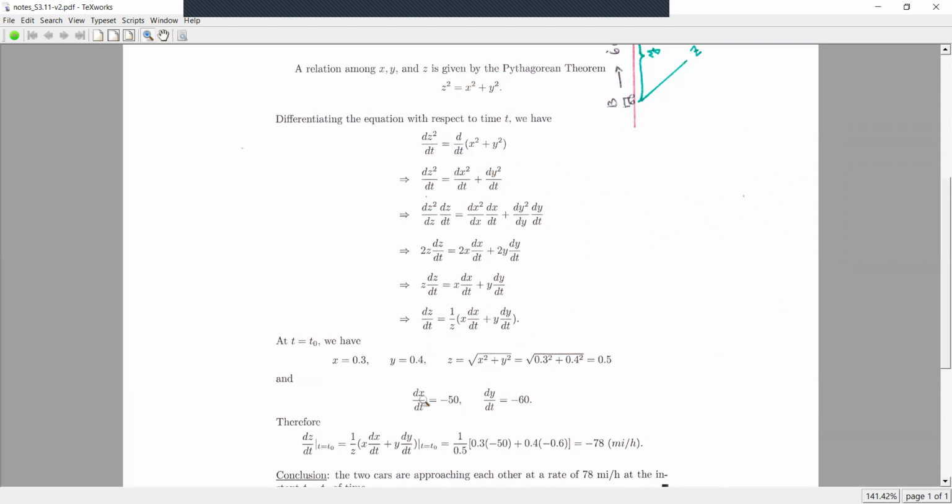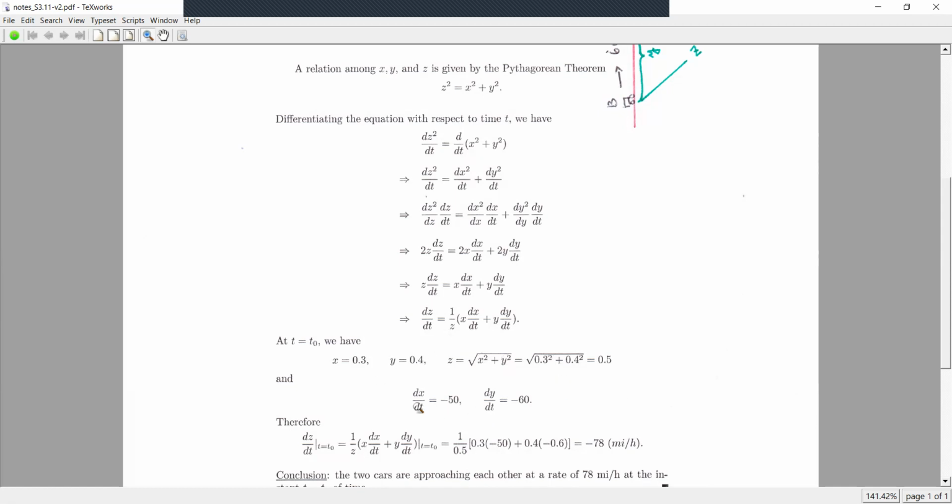The derivative of x with respect to the time t is the traveling velocity of car A. Car A is traveling at a constant velocity. The derivative of y with respect to the time t is negative 60. This derivative is the traveling velocity of car B. Car B is also traveling at a constant velocity.